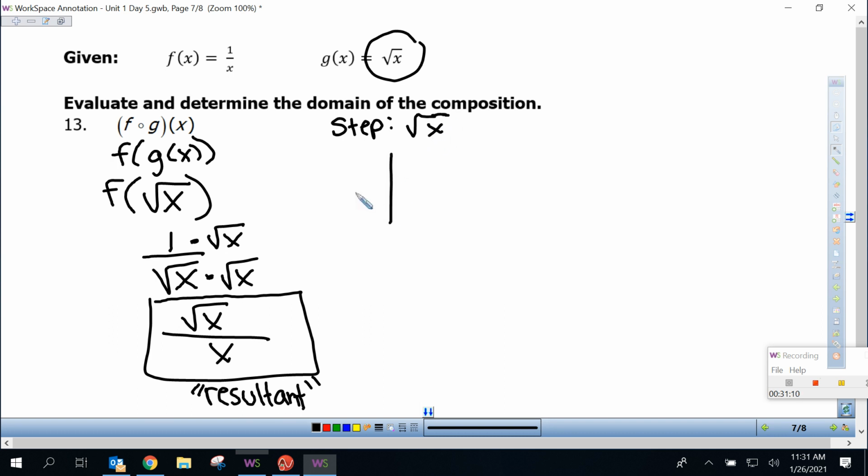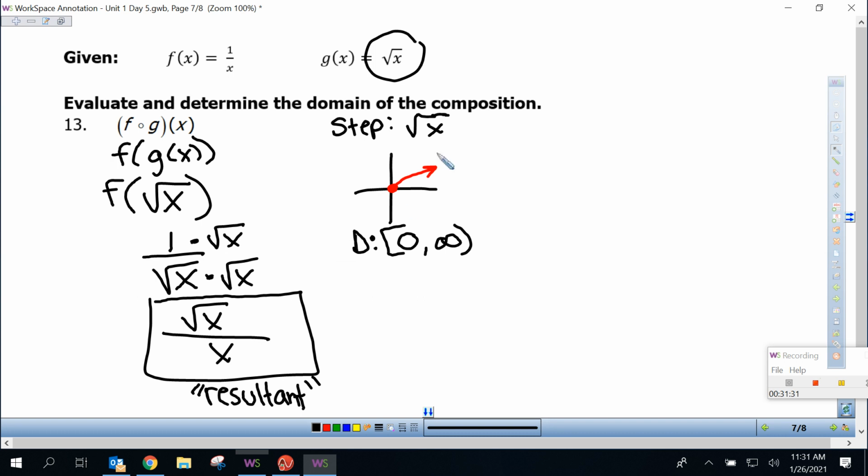If you think about that parent function, square root of x looks like this. What is the domain of the square root function? This would be 0 to infinity. Do I include 0? Yes. Now, if you said all real numbers, does it keep going to the left? No. It can't be all real numbers for that.